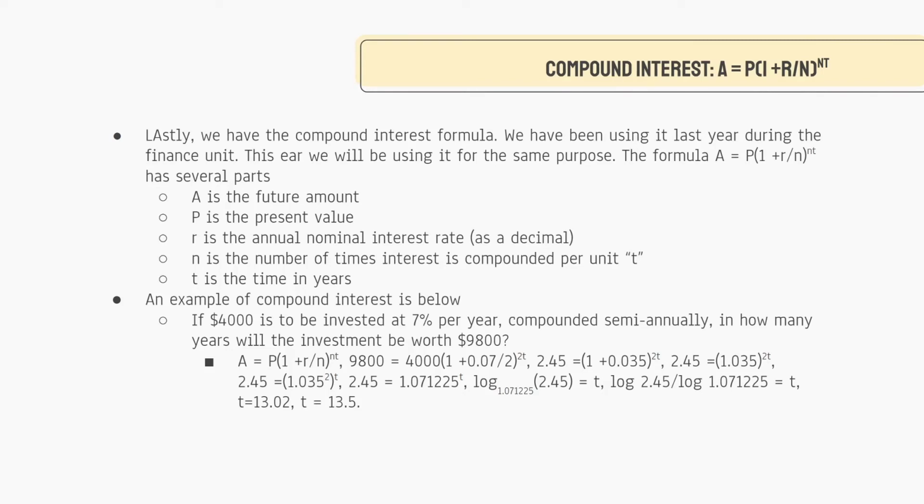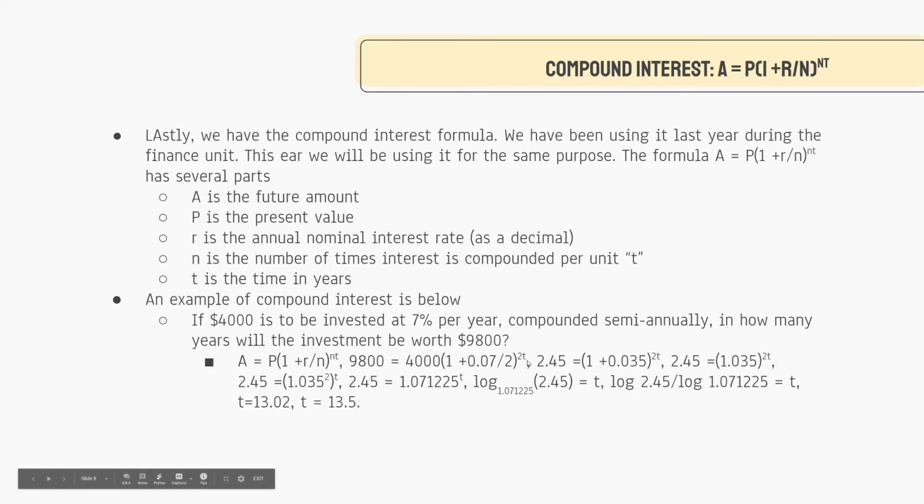Semi-annually means that it is compounded 2 times a year. Therefore, our N value would be 2. We do not know what T is, but we know that A, our future amount, is equal to 9,800. So in this question, we are solving for one unknown, and that is T.